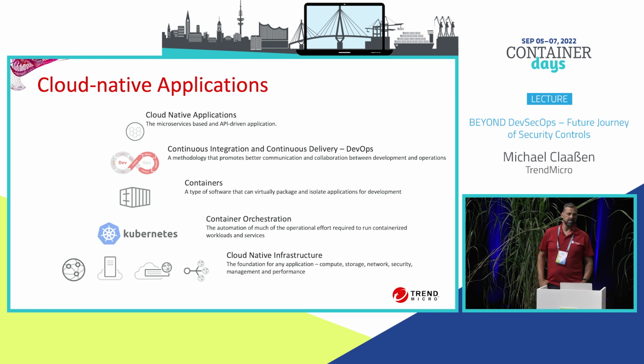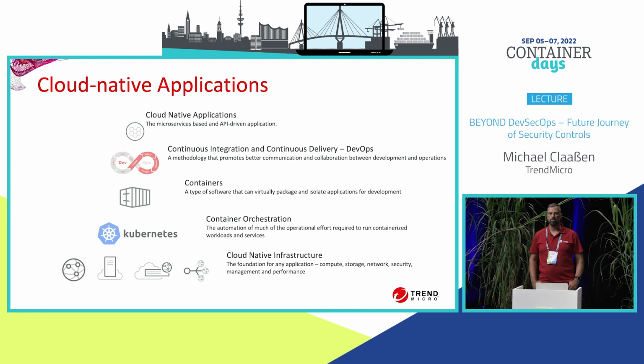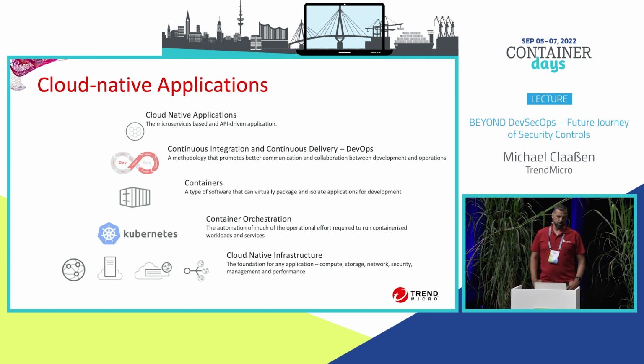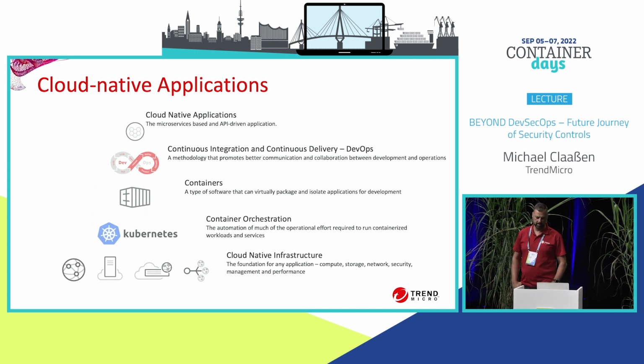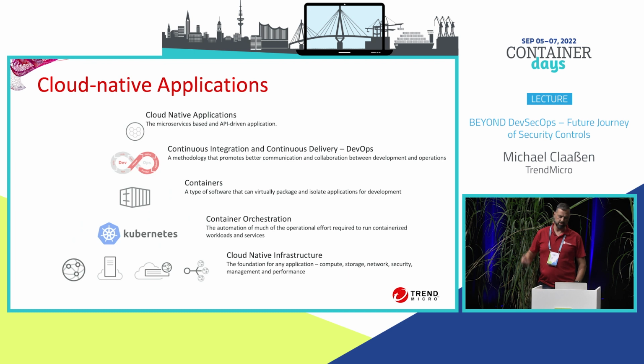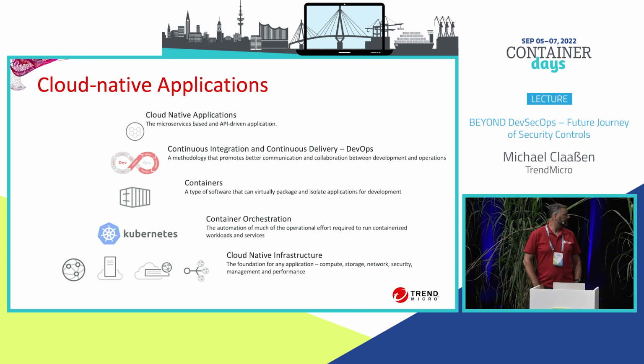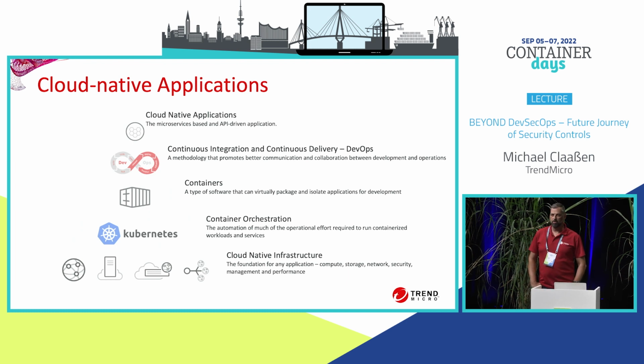So we have this infinity donut here for DevOps, the process that will never end. Those applications evolve in every step of this life cycle and regenerate the process from the beginning. And on top, we have the cloud-native applications, because they make use of all the bottom layers you see in this pyramid.